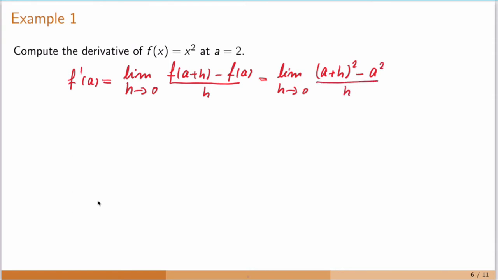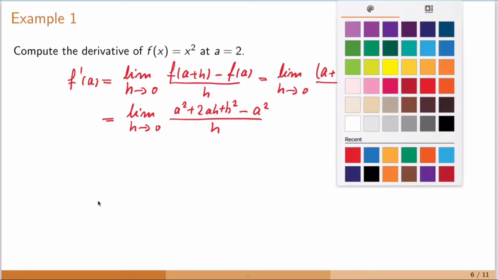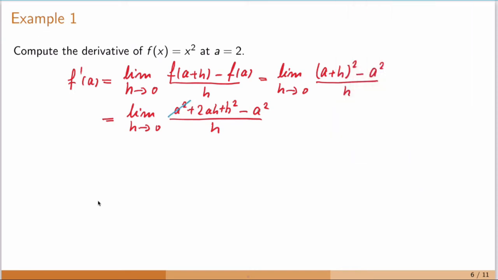And so we can multiply the square out. So then this is the limit as h goes to 0 of a squared plus 2ah plus h squared minus a squared, divided by h. So there are two terms which cancel, which is the a squared and the minus a squared. And the other terms have some factors of h, so they simplify as well. So then this is the limit as h goes to 0.